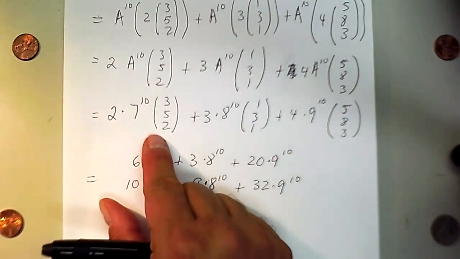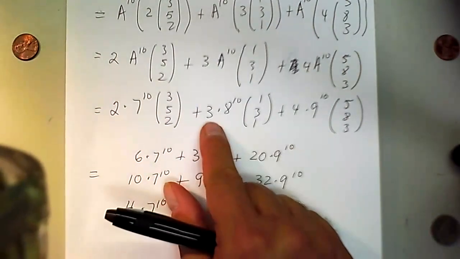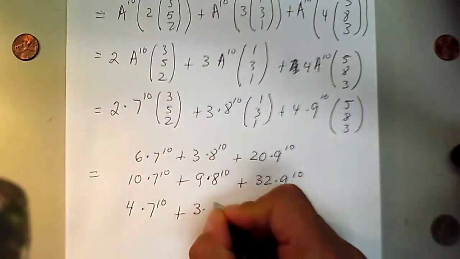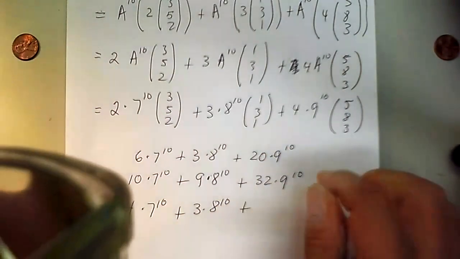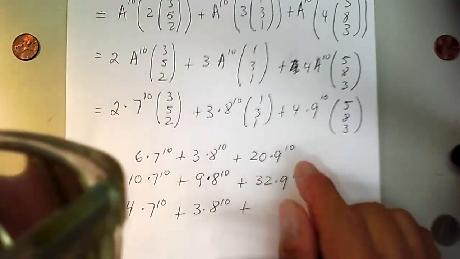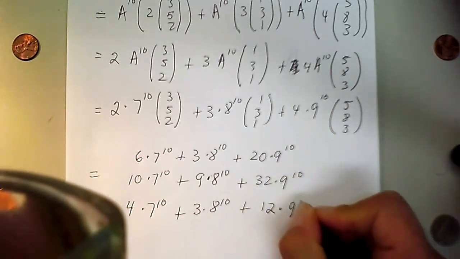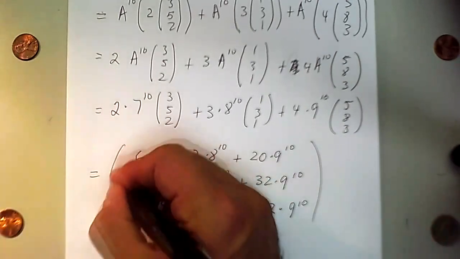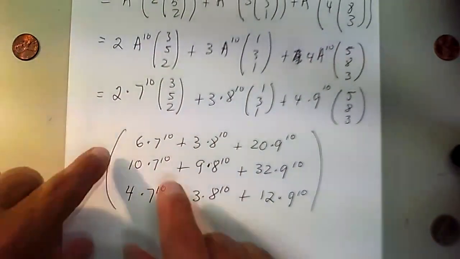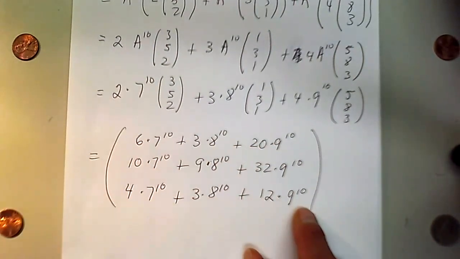And then finally, 4 times 7 to the 10 plus 3 times 8 to the 10 plus 12 times 9 to the 10. 4 times 3 is 12. Voila. So there we have one entry, two entries, three entries.